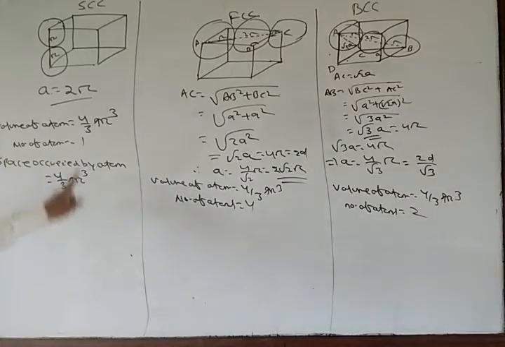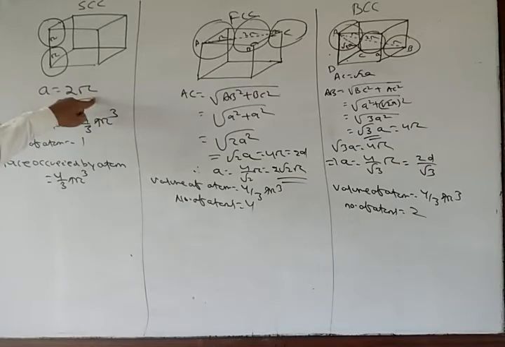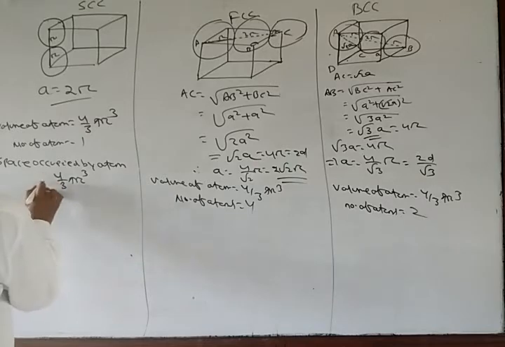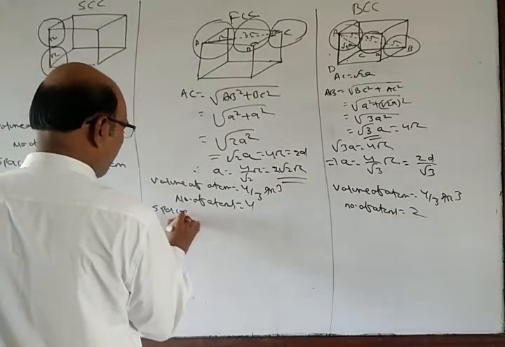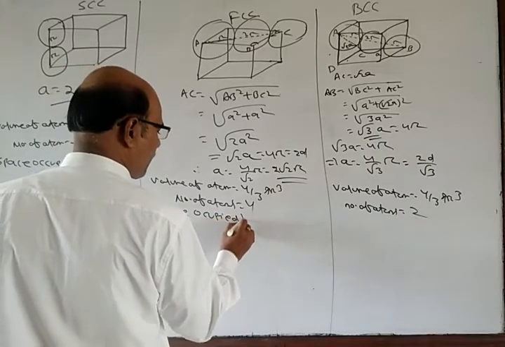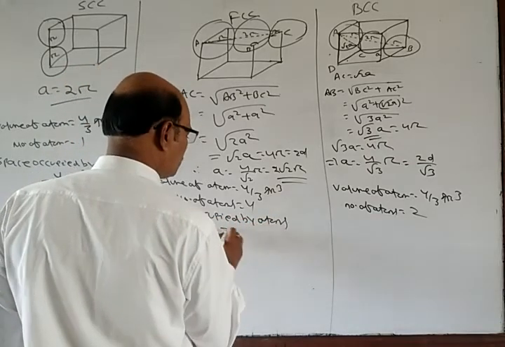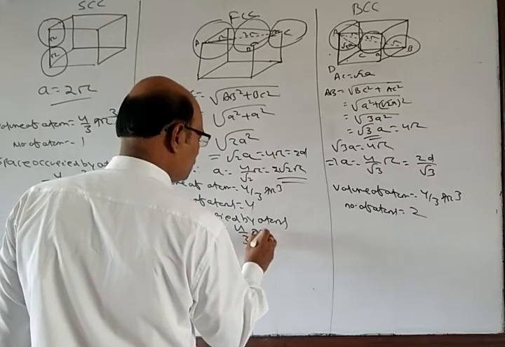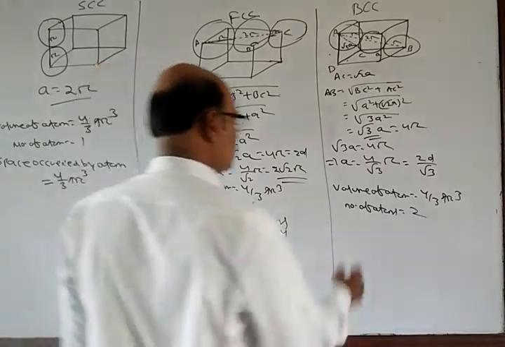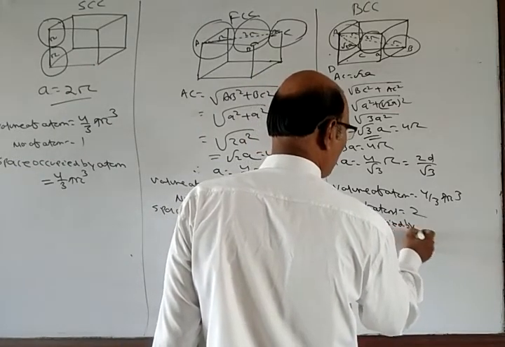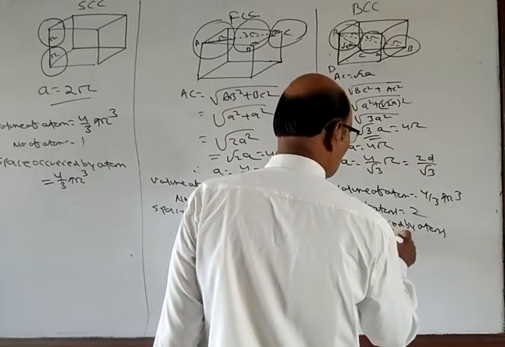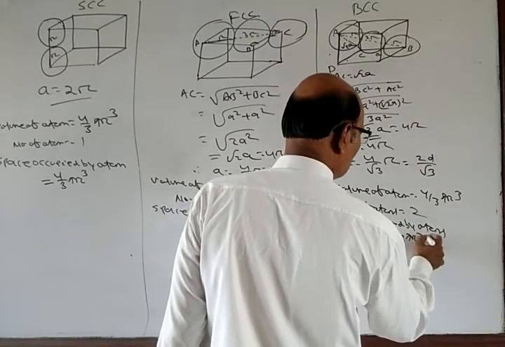Here a equals 2r. So the space occupied by atoms is 4 by 3 pi r cubed into 4 here. Here the space occupied by atoms equals 4 by 3 pi r cubed into 2.